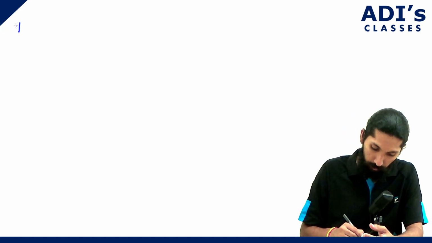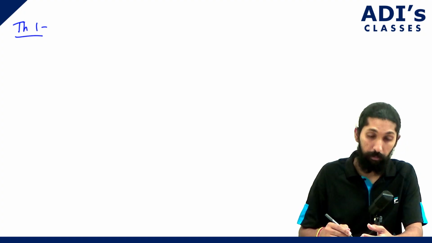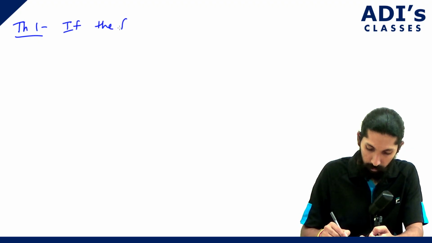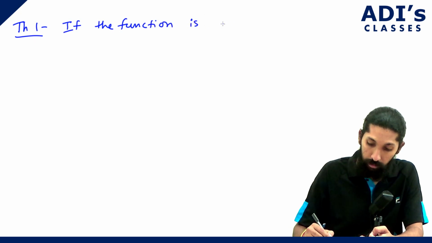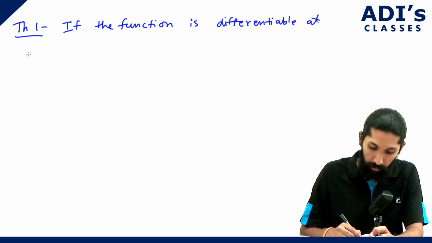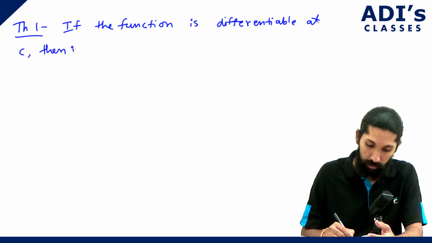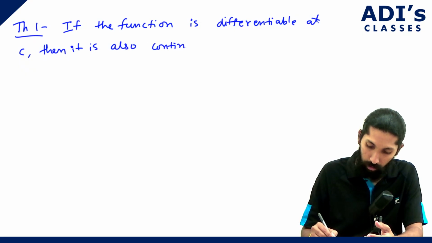Theorem 1: if the function is differentiable at some point C, then it is also continuous at x equal to C.